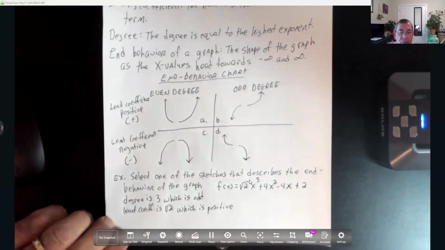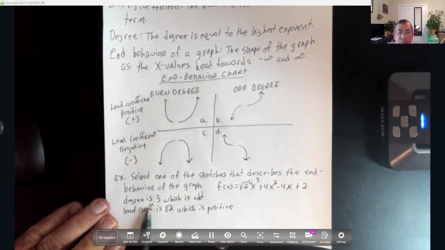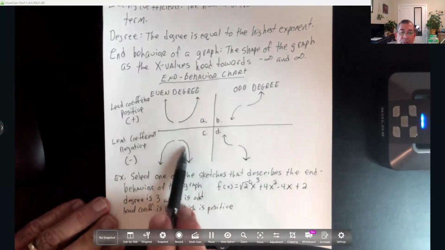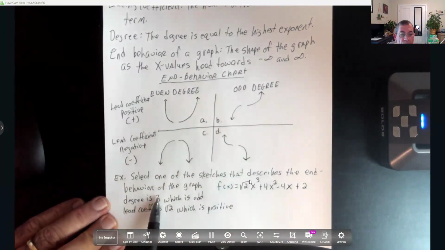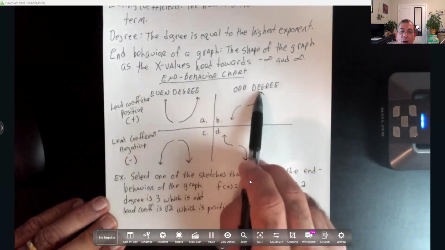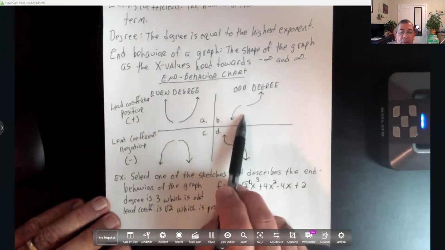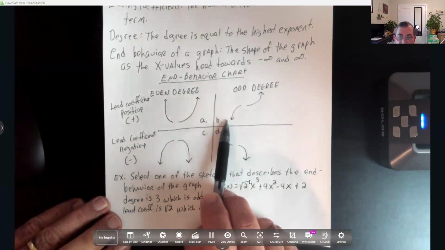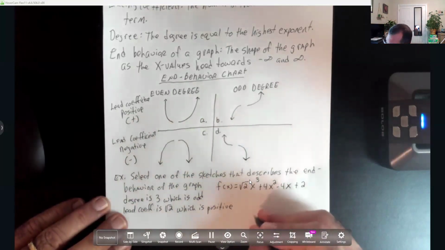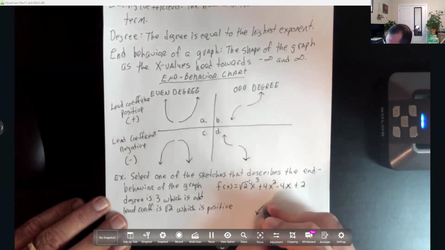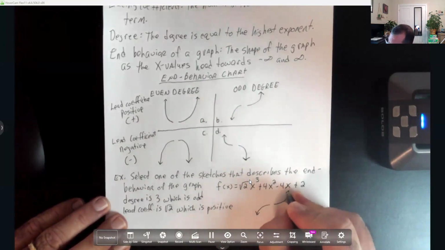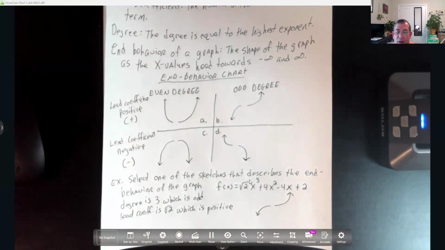So here's the question. We now have all the information we need to pick one of these four pictures. If my degree is odd and my lead coefficient is positive, we go to the odd degrees, positive lead coefficient, so we would choose picture B. Our graph is going to go uphill, left to right.